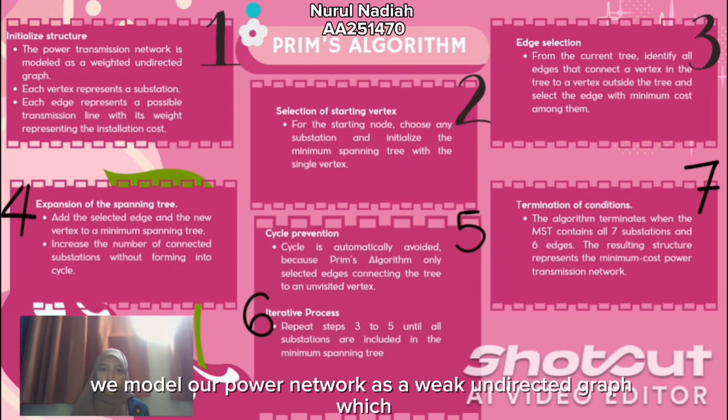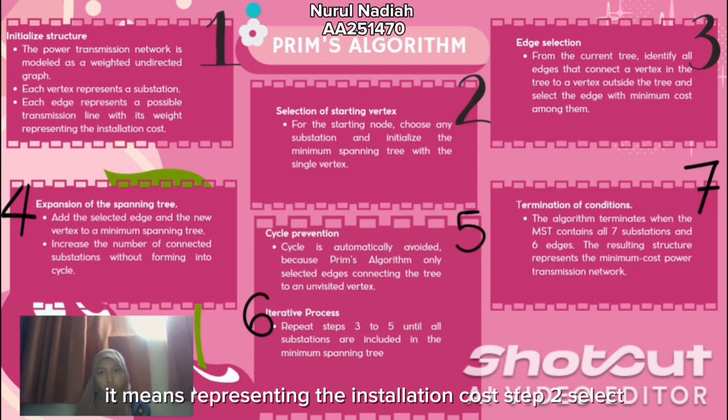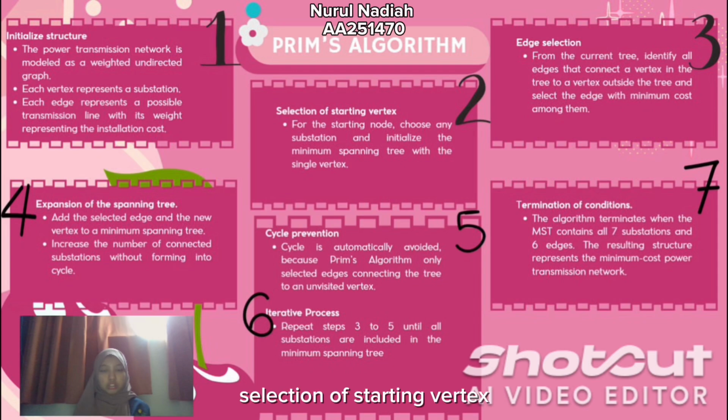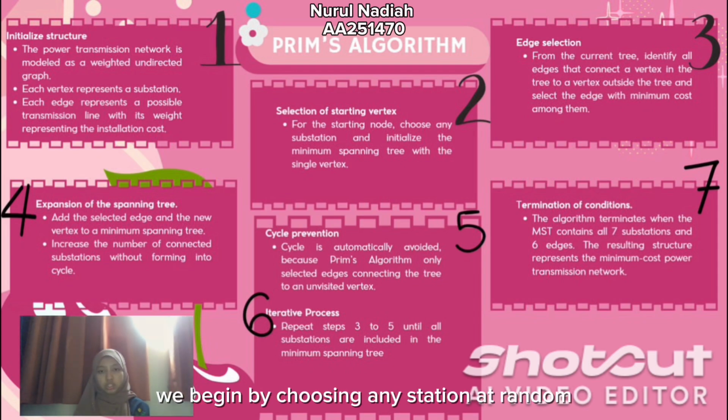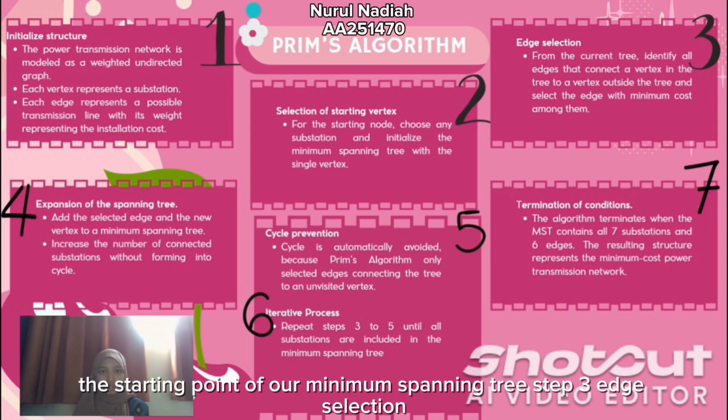We model a power network as a weighted undirected graph in which each substation is a vertex and the possible transmission lines are edges, with weights representing the installation cost. Step 2. Selection of starting vertex. We begin by choosing any substation at random. This single vertex becomes the starting point of our minimum spanning tree.